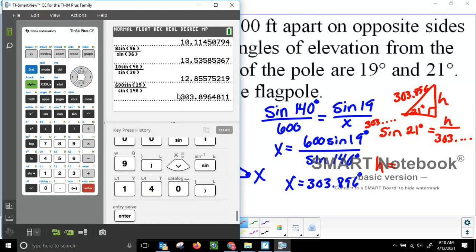A really easy way to do it, especially when it's already in your calculator, is to hit times, and it's going to take your most recent answer times, and now I want to do sine of 21 degrees.